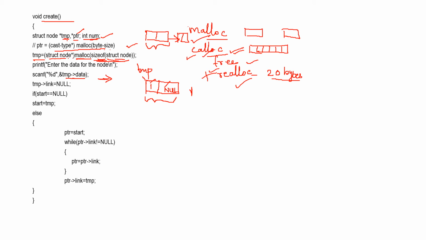Then I have to check the condition whether the start value is equal to null or not. If it is equal to null, then I can understand that the linked list is empty and the newly created node will be the first node in my linked list.